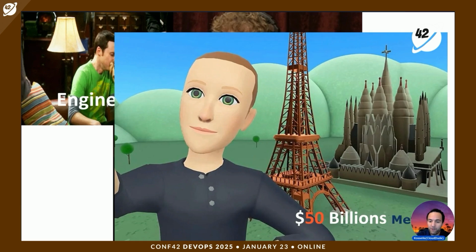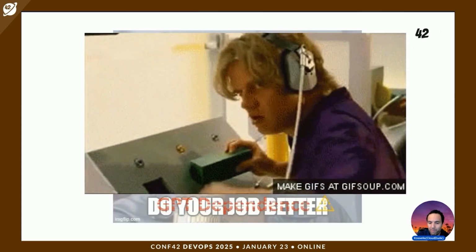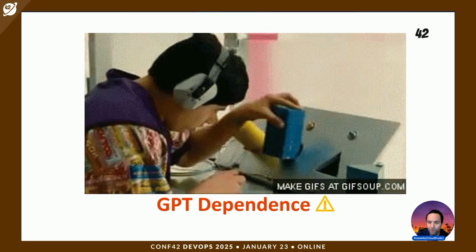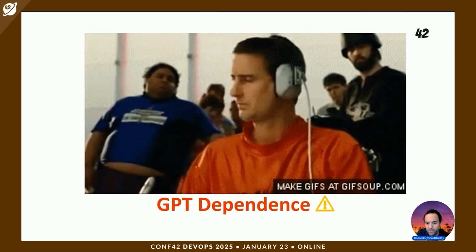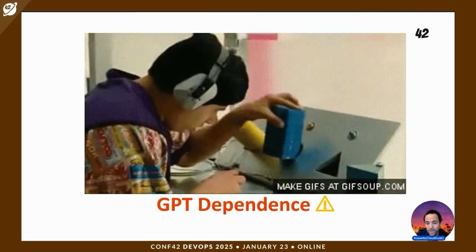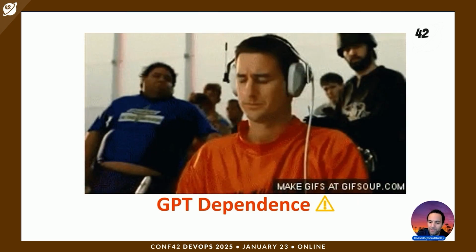Will AI replace your job? Maybe, maybe not. But it certainly won't hurt you to use AI today to do your job better. At least that's my opinion. On the flip side, you don't want to completely depend on GPT for your technical growth in the company, because it's not healthy and fundamentals are still important. So the key is really finding the balance between the two.